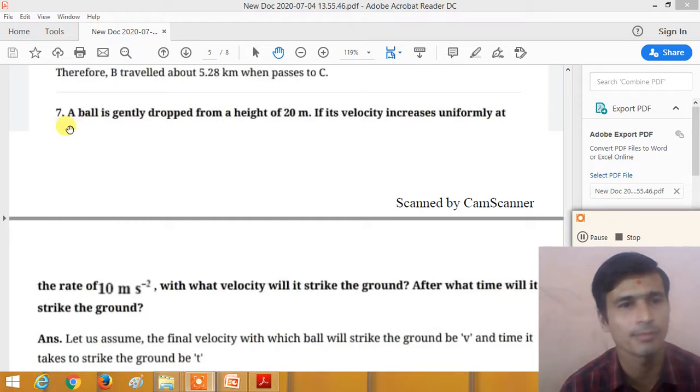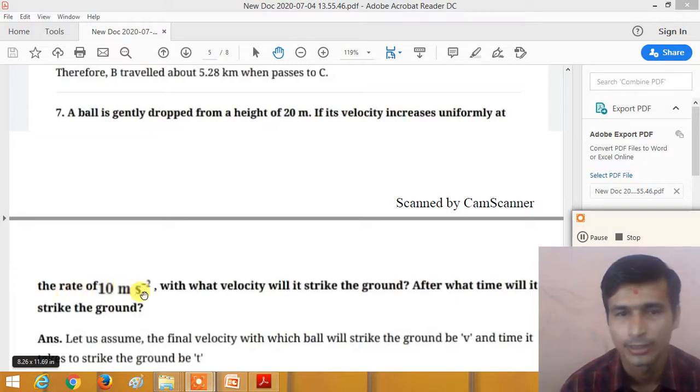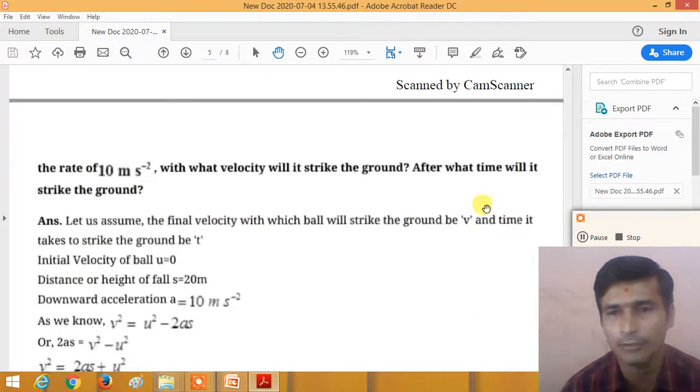Now question number 7. A ball is gently dropped from a height of 20 meter. If its velocity increases uniformly at a rate of 10 meter per second square, with what velocity will it strike the ground? After what time will it strike the ground?